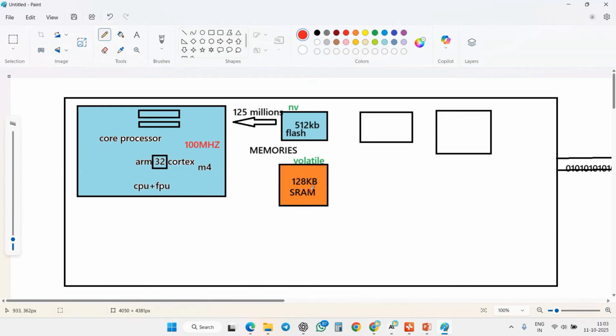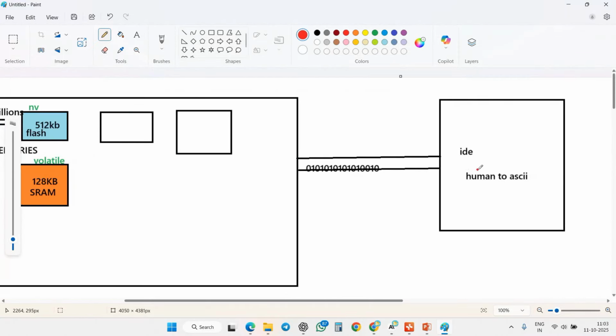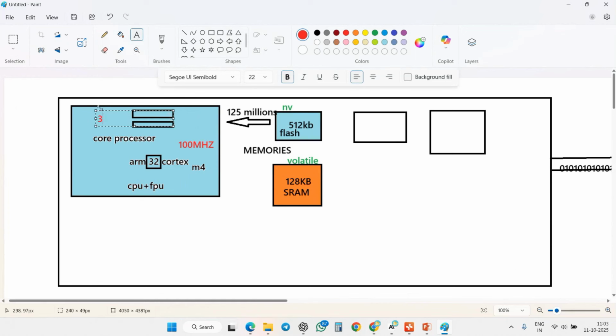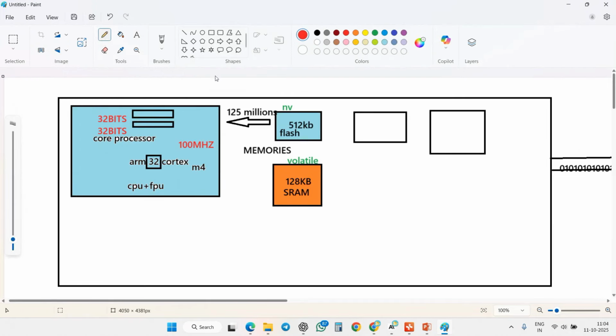So while we write code, you can understand this concept simply. When you upload the code, in the beginning it uploads all the code to the flash memory. At the time of processing, it processes 32 bits at a time. While processing, you have multiple data registers.